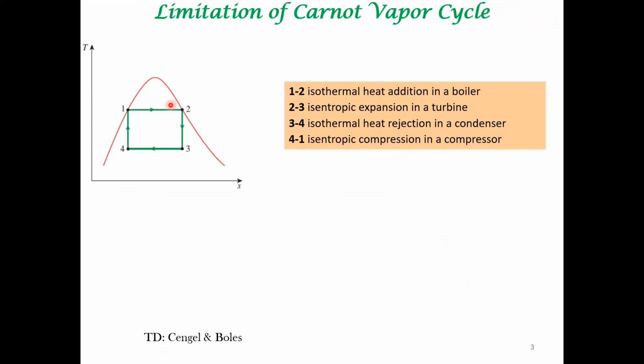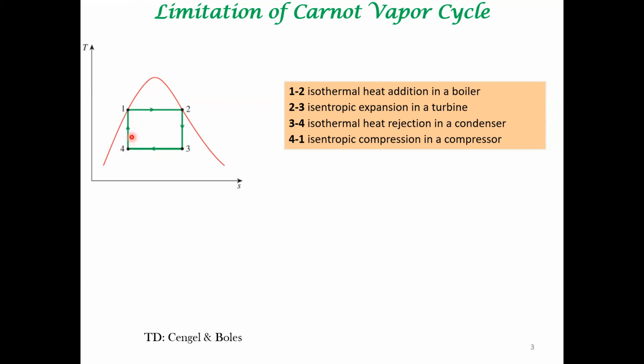So in the Carnot cycle, if you plot in the TS diagram, you have in the process 1 to 2 an isothermal heat addition at a higher temperature. And then there is an isentropic expansion in a turbine. And then from 3 to 4, there's a heat rejection in the condenser. And 4 to 1, there is isentropic compression in a compressor, right?